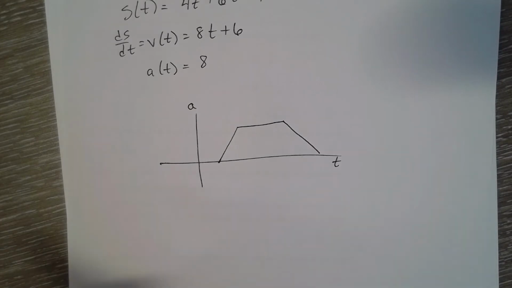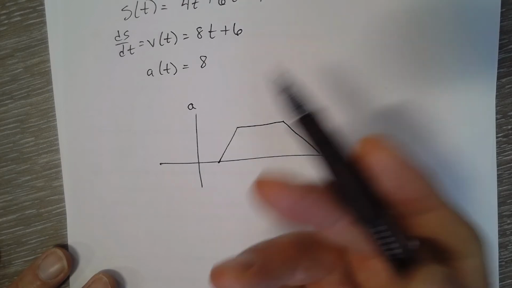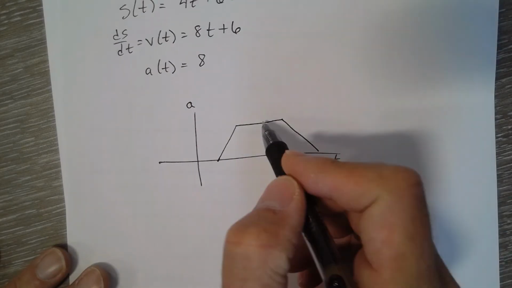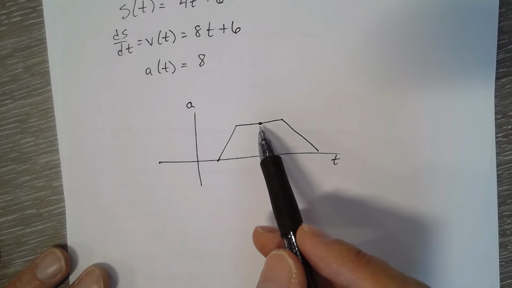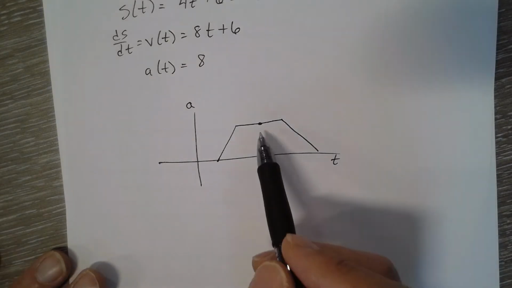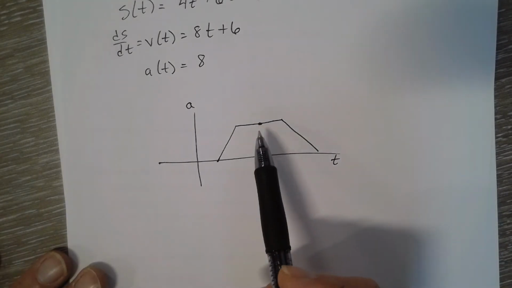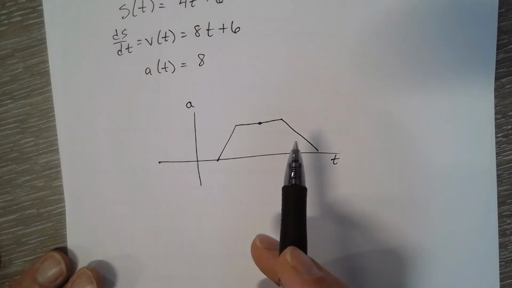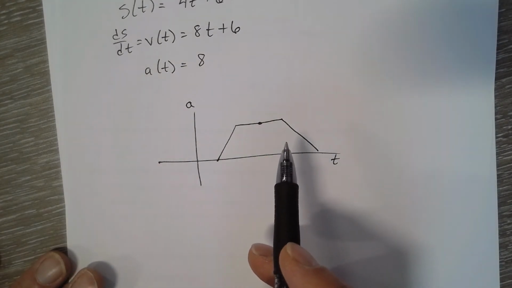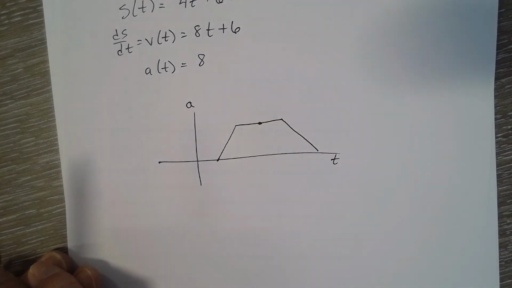So if I ask you, what is happening right here? If this represents a car or something, what's happening to the car right here? How would you describe it? Cody said it's got a constant velocity. Most people will always say that, and that's what's tricky about this, because it actually doesn't have a constant velocity.